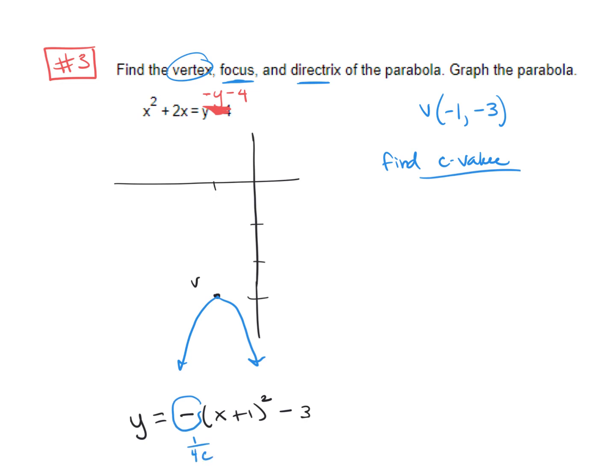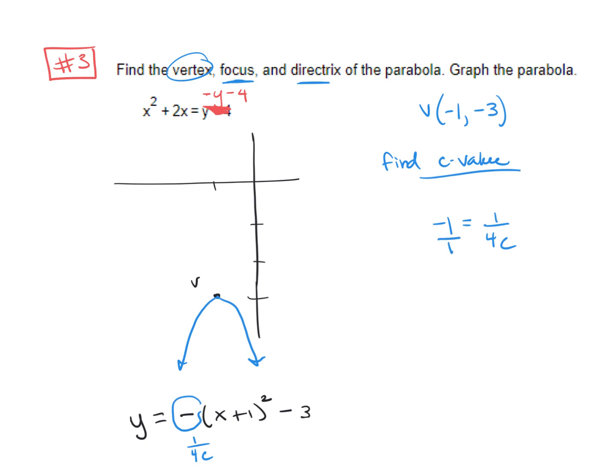So whatever number you have in front of your parentheses will equal this 1/4C. If you don't have a number there, then that's just a +1. In this case, I have a negative, so I know that that -1 has to equal that 1/4C. Again, the 1/4C is right in your formula sheet, right in front of the parentheses for the vertex form for a parabola.